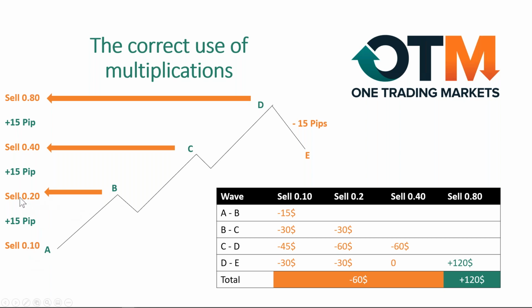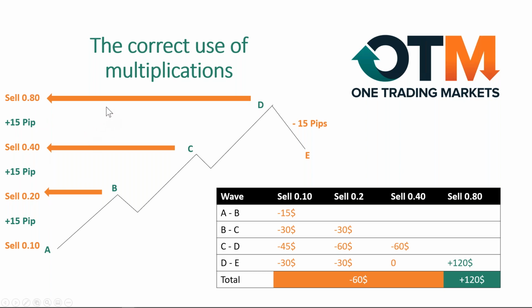So at point B, I do 0.20. Let's say, again, the market goes against me from B to C. With the 15 pips, I will again double the previous position, okay? And again, let's say from point C to point D, the market also goes against me. So I will do another sell position, which is double the previous one.